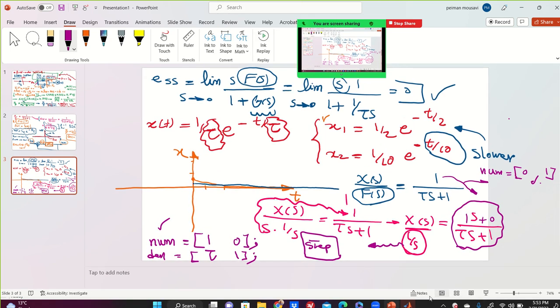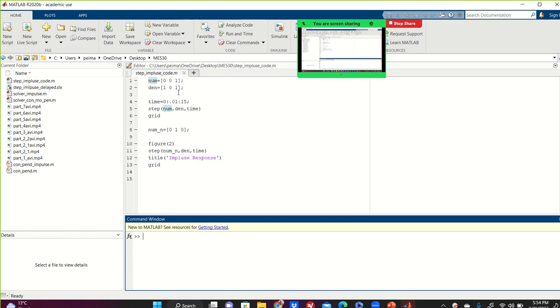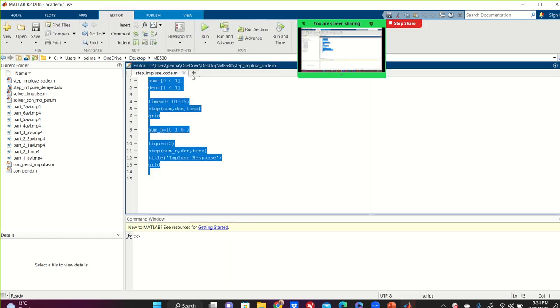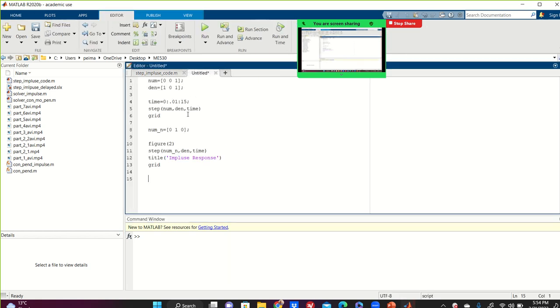Okay, so let me go to MATLAB. We have it here from the previous class. I just have to change the name. So num was here, 1 and 0.